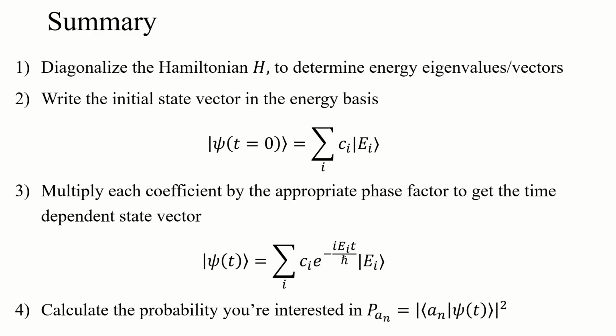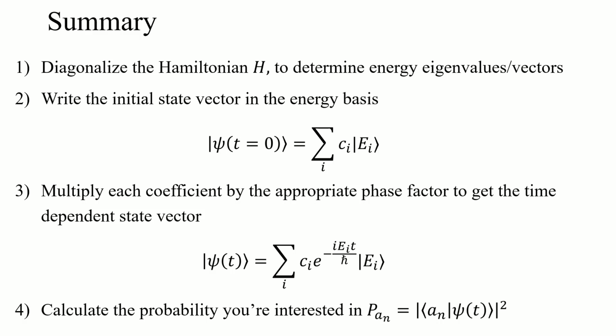Once we have those, we then write whatever our initial state of our system is in that energy basis, so just a linear combination of all those energy eigenvectors. To get the time-dependent state vector, we just have to include those extra phase factors that depend on the eigenvalues of that energy operator, and that gives us the time dependence of those coefficients in that state vector.